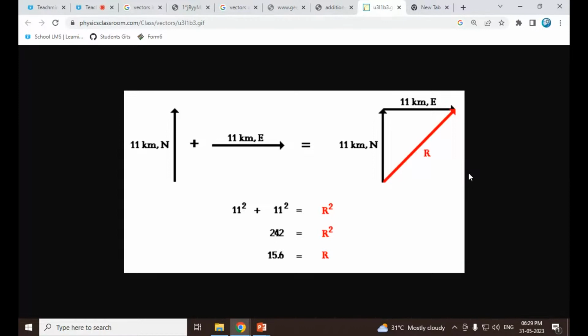This is 11, and the end is 11 itself. This is south, this eastern.